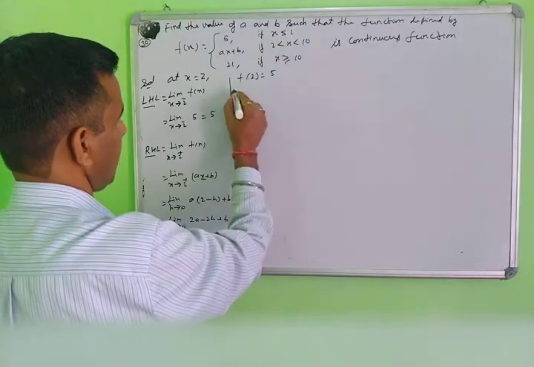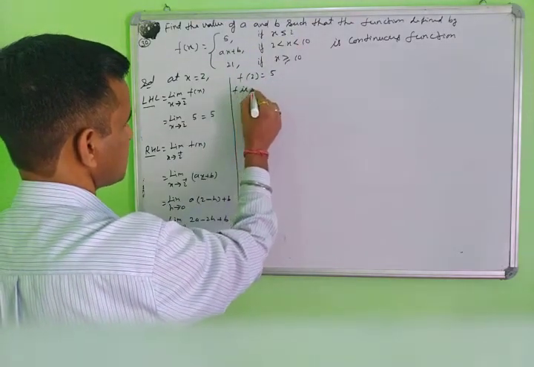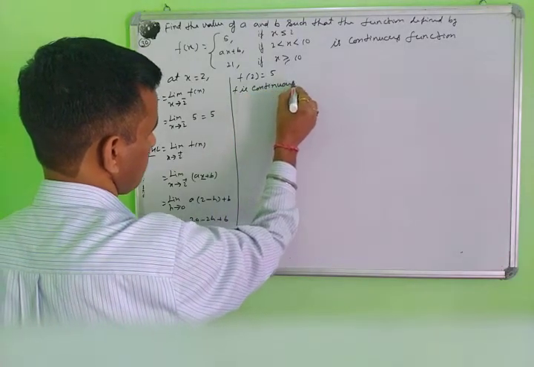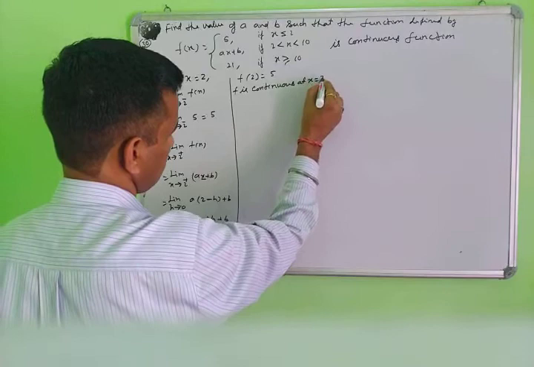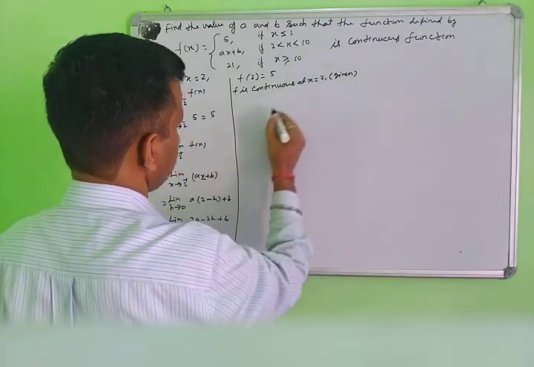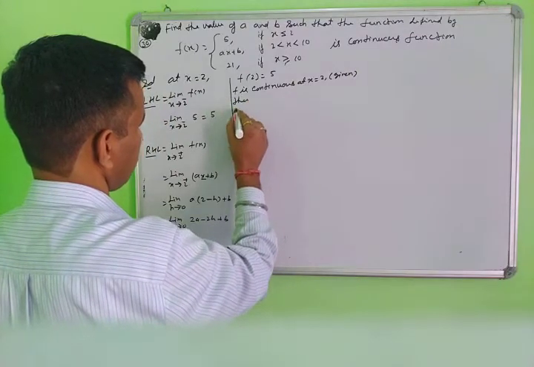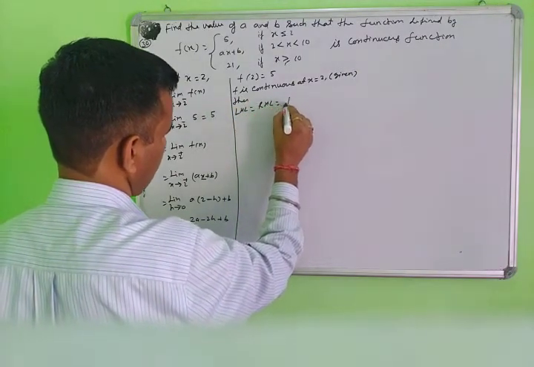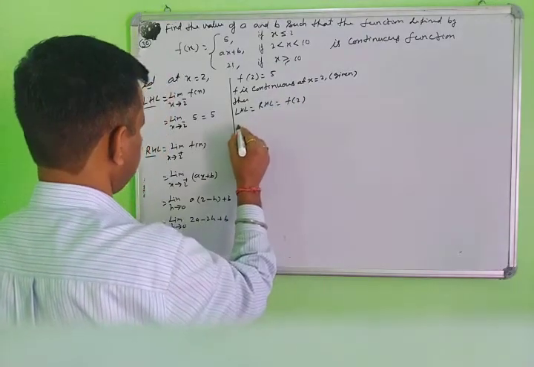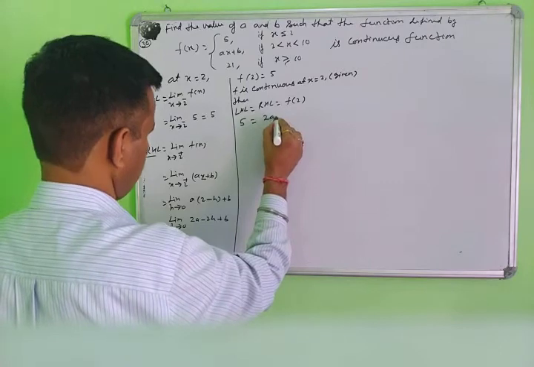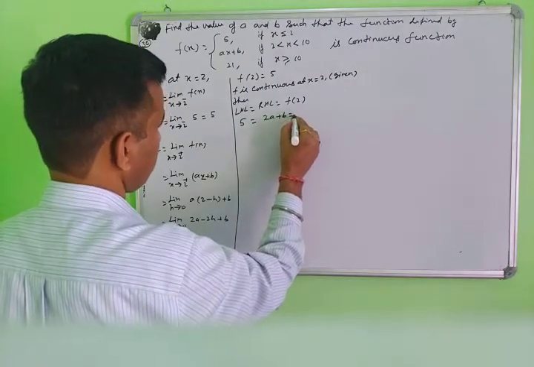So now f is continuous at x equal to 2. This is given. So then LHL equals RHL equals f(2). This will become 5 equals 2a plus b equals 5.